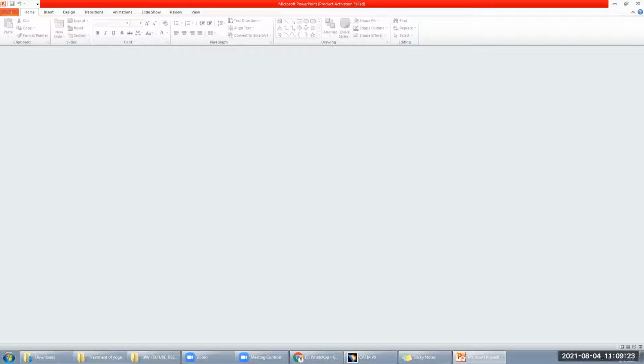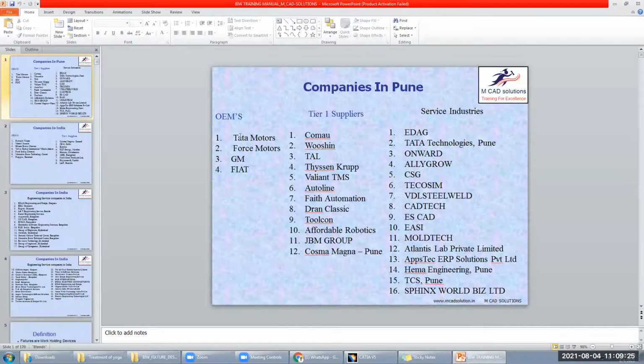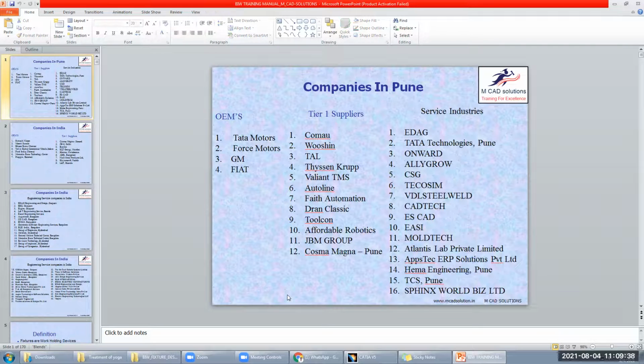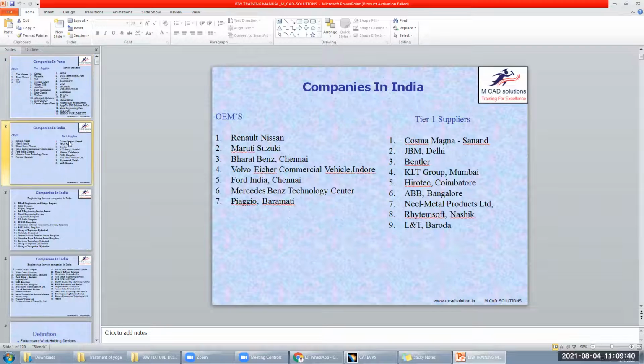So that is the scope of work of tier 1 companies. So these are the OEMs, these are the tier 1 companies, and these are the service industry. The service industry has a scope of work only in IT, 2D and 3D. No installation, no tryouts. So these are the companies all over India.